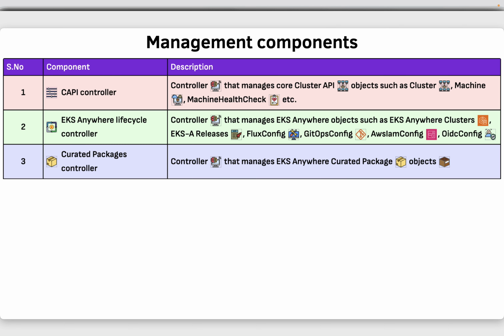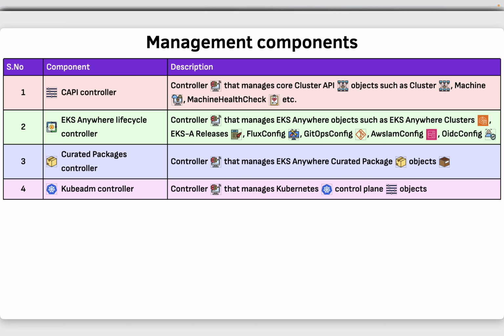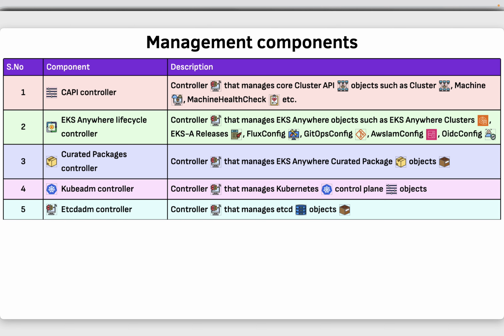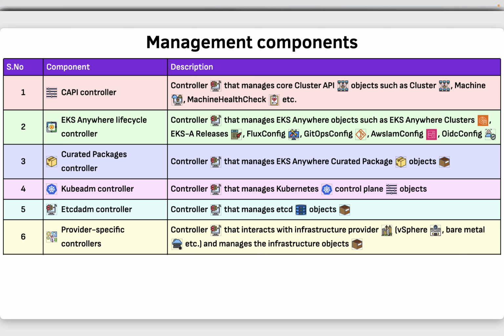Curated Packages Controller, and this controller manages the EKS Anywhere curated packages and objects. KubeADM Controller, and this one manages the Kubernetes control plane objects. Then we have etcdadm Controller, and this manages all the etcd objects.